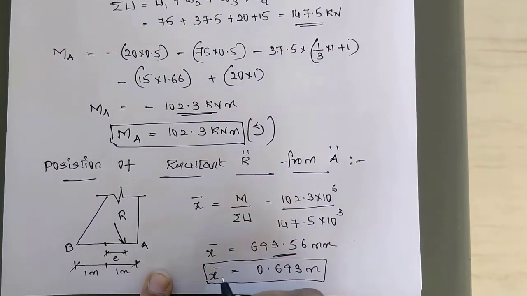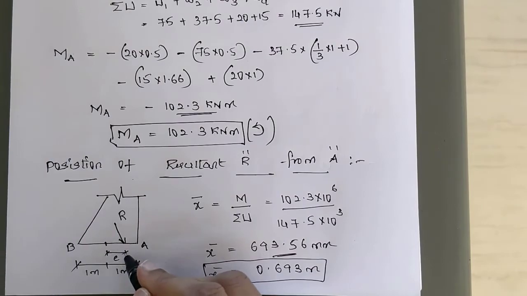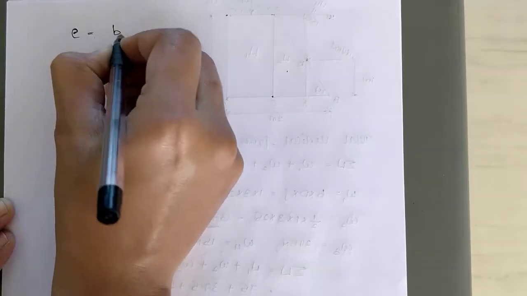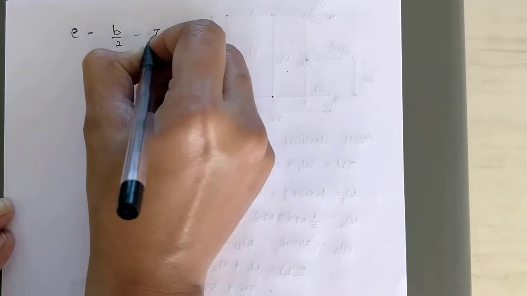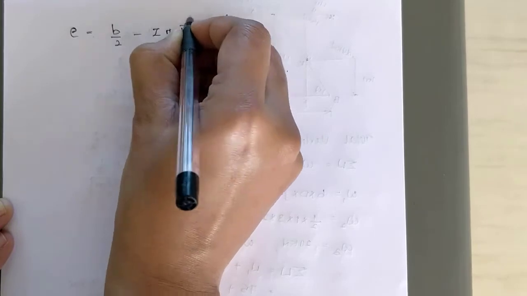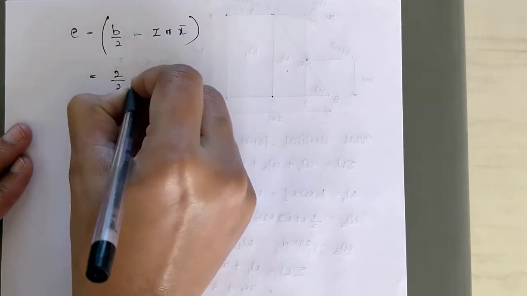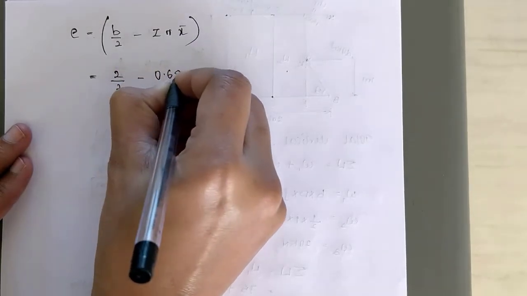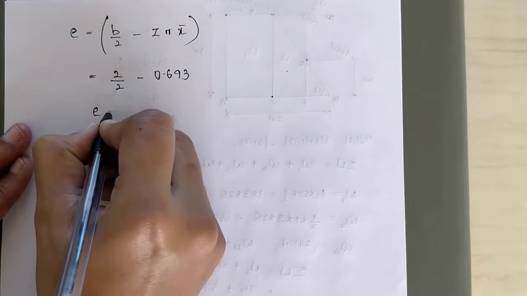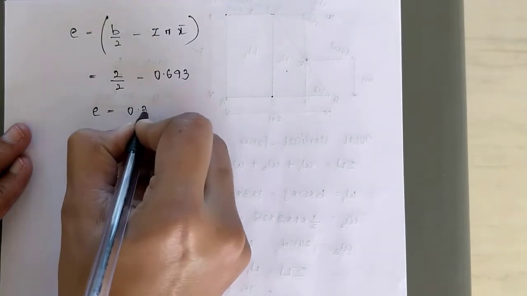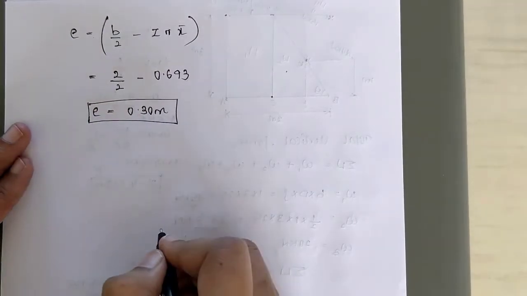Once you calculated X bar, the eccentricity E can be calculated as E equals B by 2 minus X bar. B value is 2 divided by 2 and X bar value is 0.693, and you will get eccentricity as 0.30 meter. This is your eccentricity value.